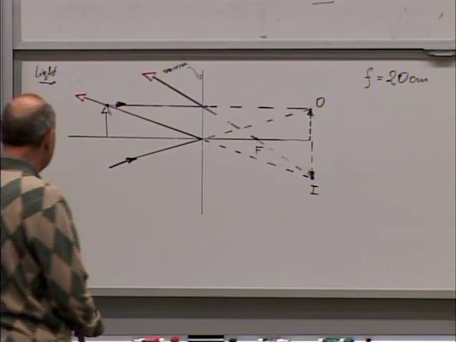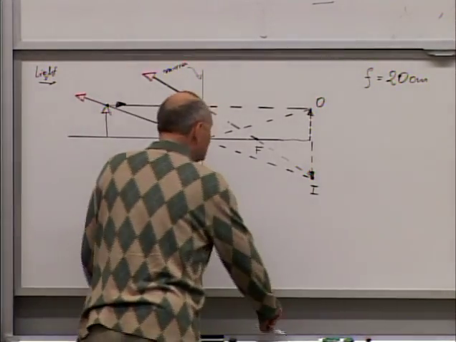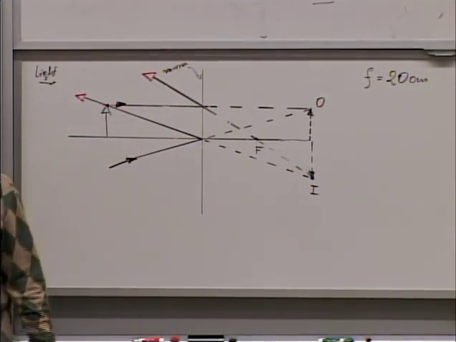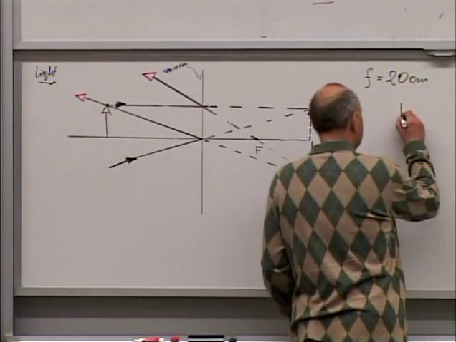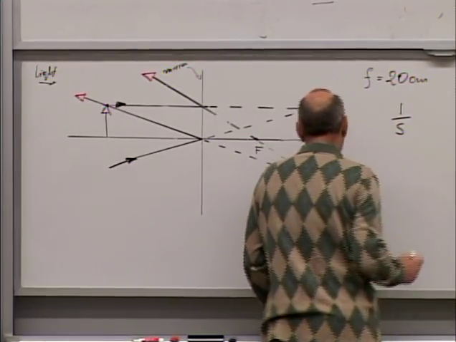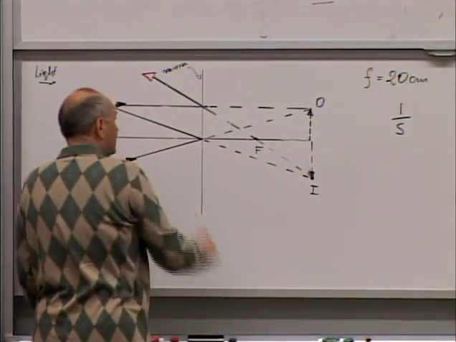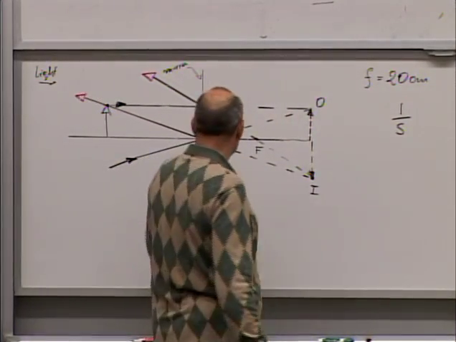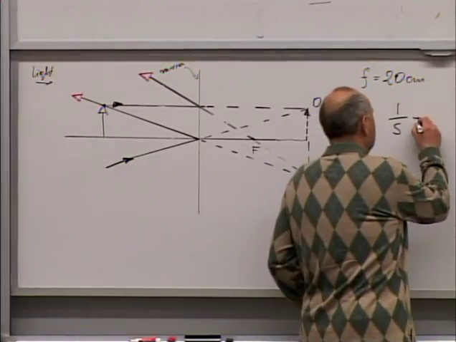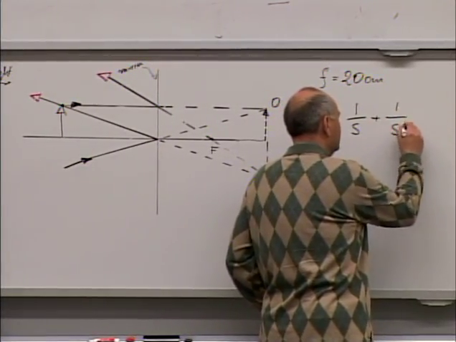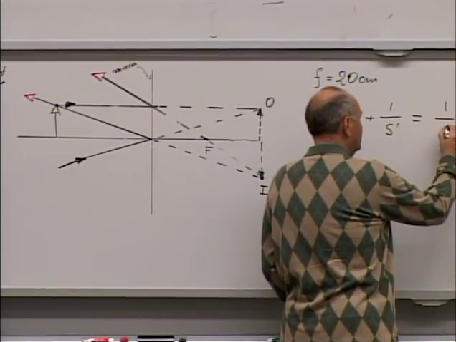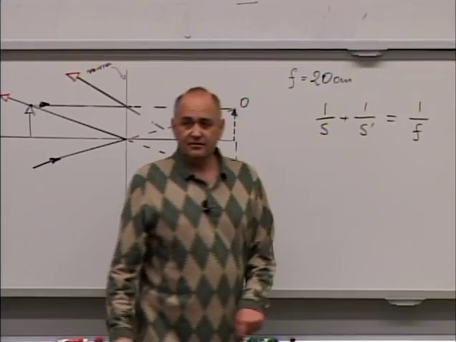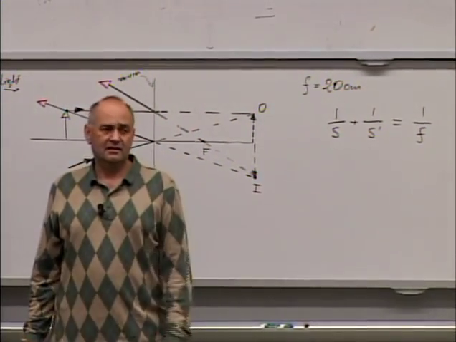And actually, there is something. Let's now use the lens equation and see that we got it right. The lens equation says that the inverse of the component of position of the object plus the inverse of the component of position of the image is supposed to be equal to the inverse of the focal length.